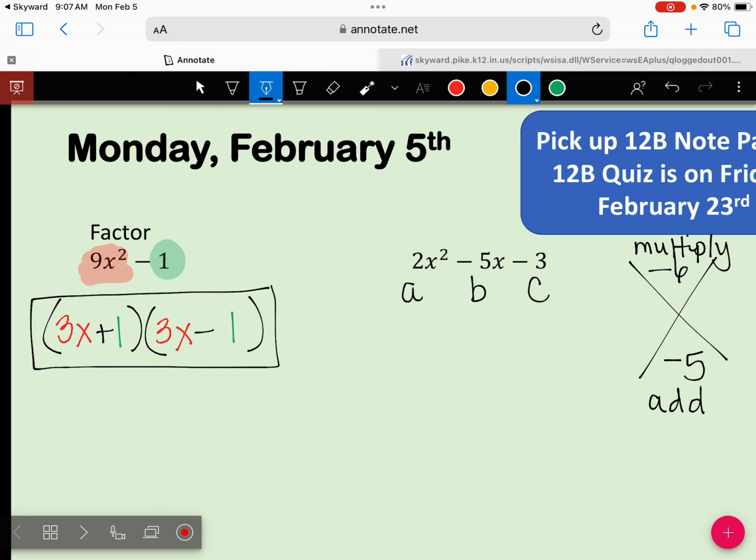Any ideas on what our numbers would be? -6 and +1. Go ahead and make your box.